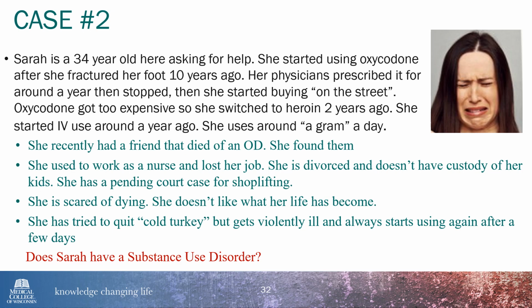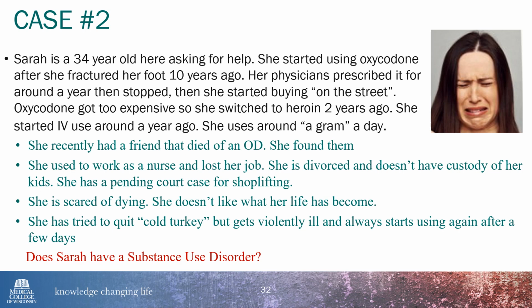The oxycodone got way too expensive. It can be as much as $10 a milligram. So she started buying heroin around 2 years ago. And then to use heroin more efficiently, because she needed to save money, she started to use IV about a year ago. She now tells you she uses a gram a day, whatever that means.